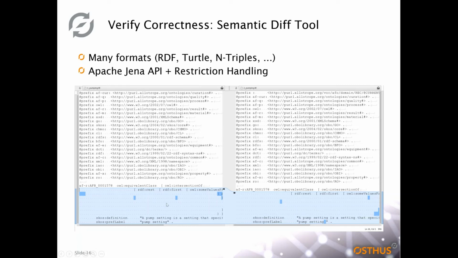And we again have our trailing whitespace here. We have a diff definition with the double whitespace in the back, and this is our restriction. And actually what you see on screen here now is the complete file. There's nothing else in this file. And for reading and writing the files and loading the files, we use the Apache Jena API, so we can handle any file format that the Apache Jena API can handle.